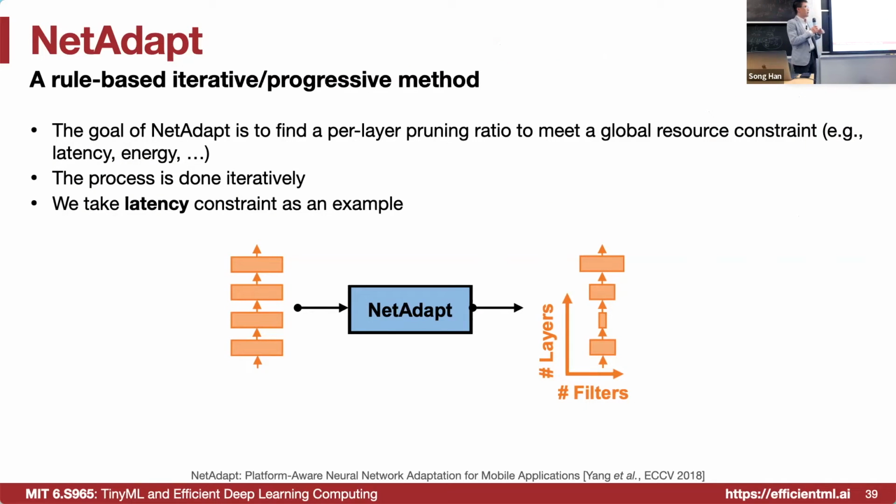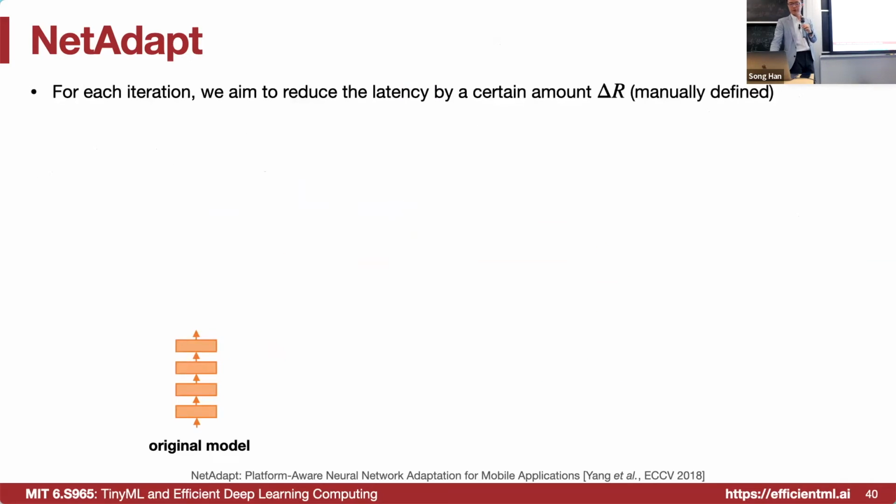Let me introduce another approach to automatically find how much we should prune for each layer, called NetAdapt. The goal of NetAdapt is to find the best per-layer pruning ratio to meet the global constraints. Let's use an example, given a 4-layer neural net to start with.